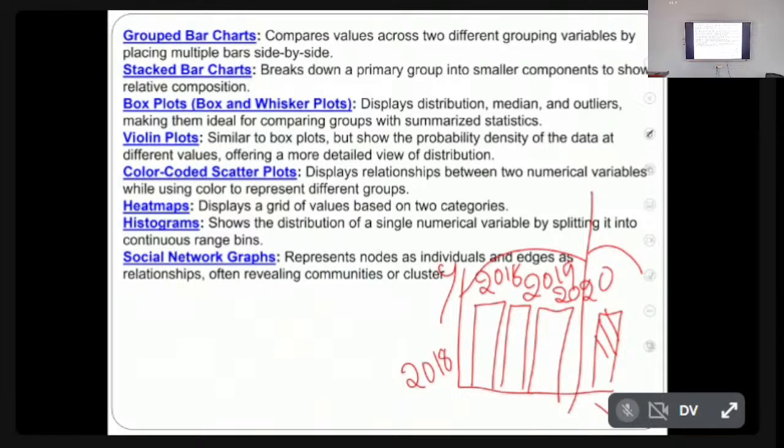You need to know nodes and edges, as in trees and graphs. Often showing communities or clusters.